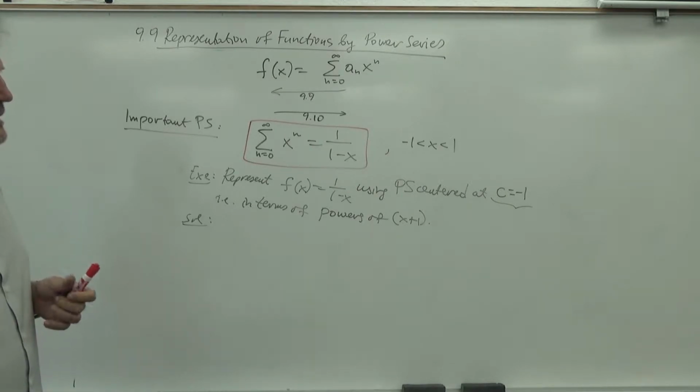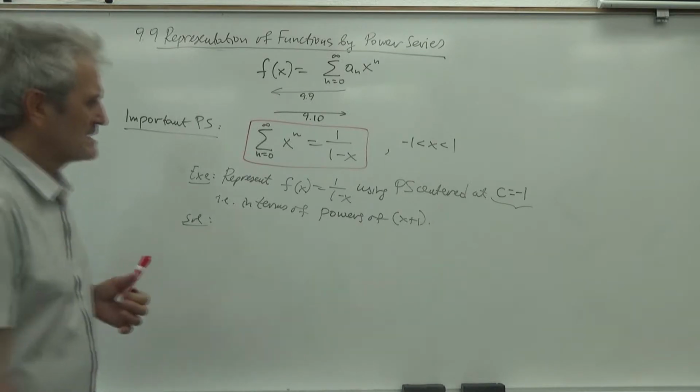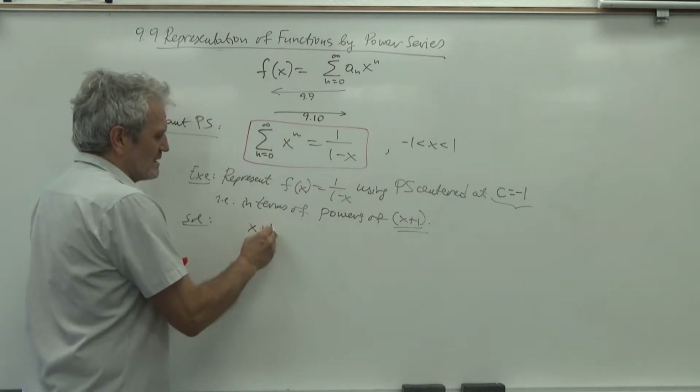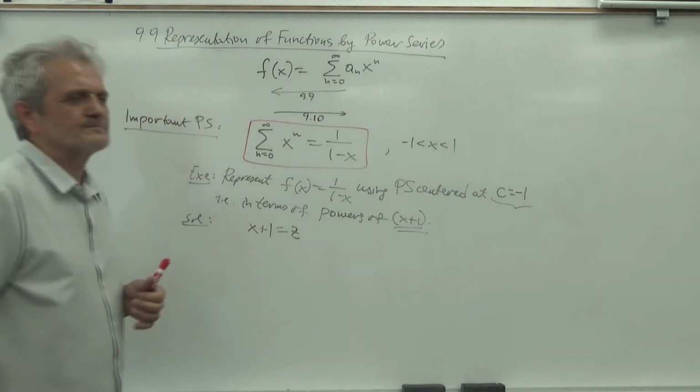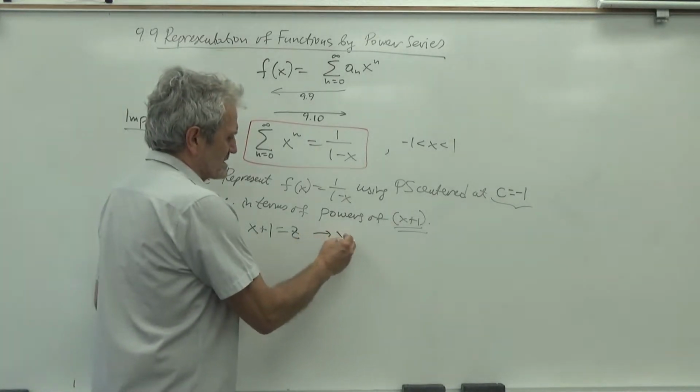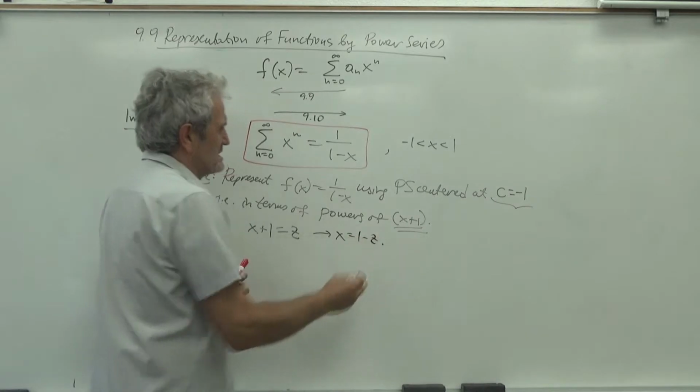But to avoid this complexity, here is the trick that we want to use. The x plus 1 that we want to appear in our result, we make a substitution and call it z. So from there, x is equal to z minus 1.